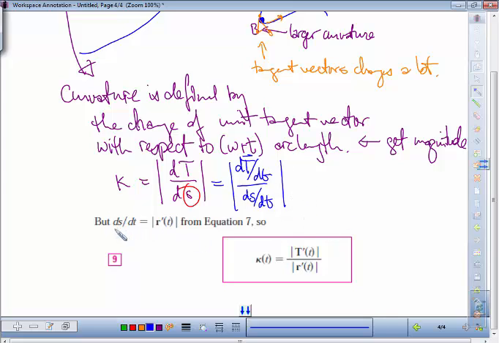So here what they're saying is that the derivative of s with respect to t is just the magnitude of r prime, because s is equal to the integral from some value to t of the magnitude of r prime of u, with a dummy variable.